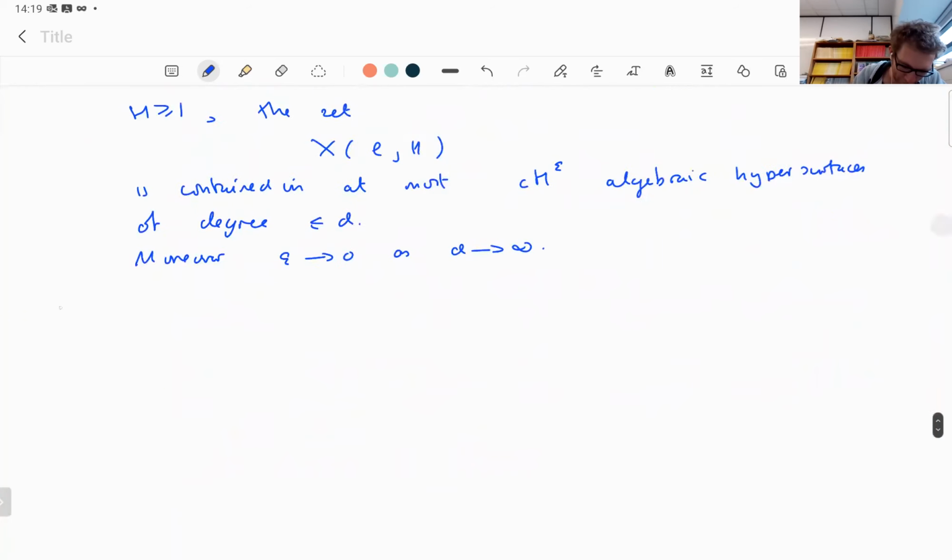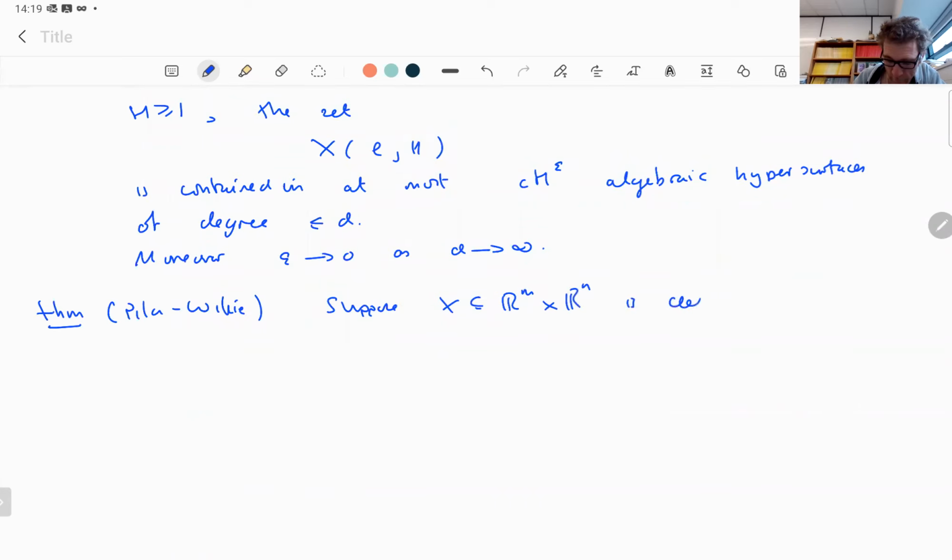Let me state what we want to prove, and then I'll start proving it. So this is the Pila-Wilkie theorem. So suppose I have a definable family. Actually, in this form, the Pila-Wilkie theorem is due to Pila.